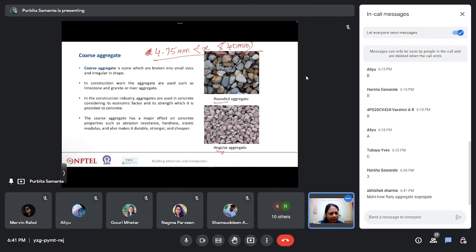How flaky aggregates segregate. If you look into the flaky aggregates, they are something like this. They are thin pieces like this. The width, or rather the thickness, is very less. Okay, and they have this longer length and shorter width.